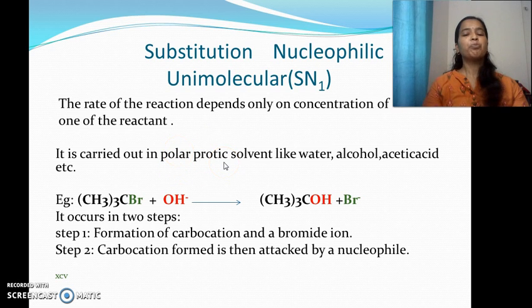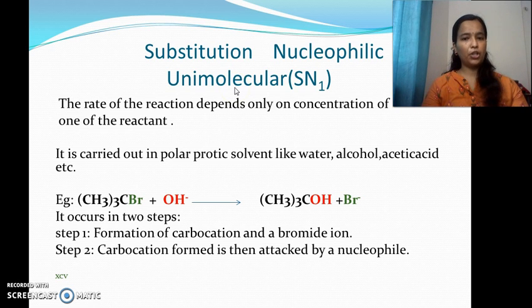Now you just understand that it is called a unimolecular reaction because the rate of the reaction will depend only on the concentration of one of the reactants. We will see why by using this example.